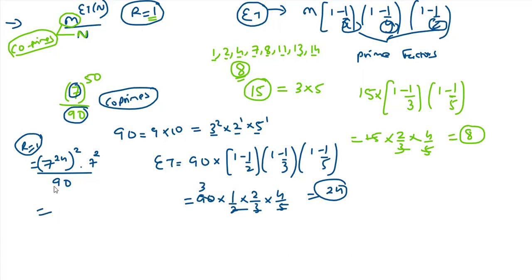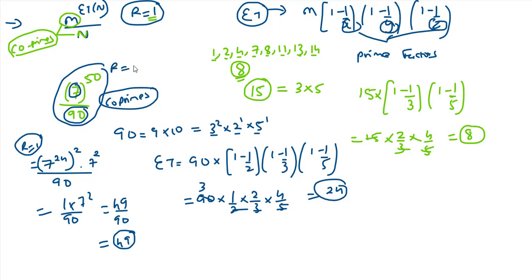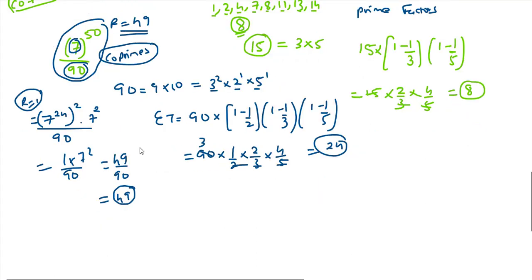We will have 7 square upon 90, which will give us 49 upon 90. So the remainder when 49 is divided by 90 will be 49 itself, because it is less than 90. Hence the remainder when this number is divided by 90 will be equal to 49.